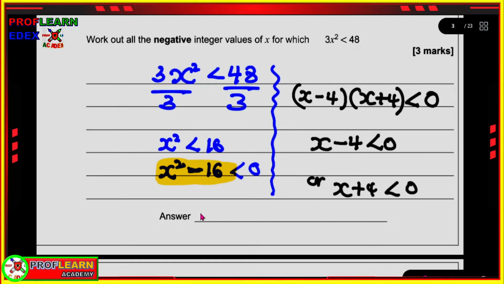So we can say that when we are going to write our answer, we are going to say minus 4 is less than x, and x is less than 4.